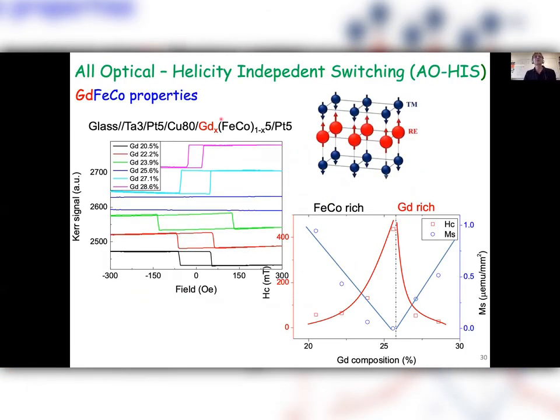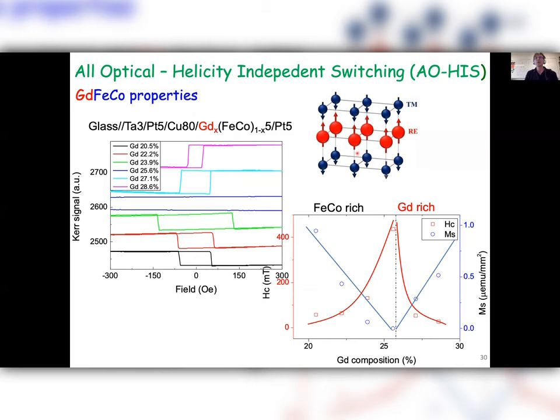What we studied is different: gadolinium iron cobalt. And gadolinium iron cobalt is a ferrimagnetic material. It's quite interesting because it has two sublattices, the gadolinium sublattice and the cobalt sublattice. And the magnetizations of the two sublattices are antiparallel.